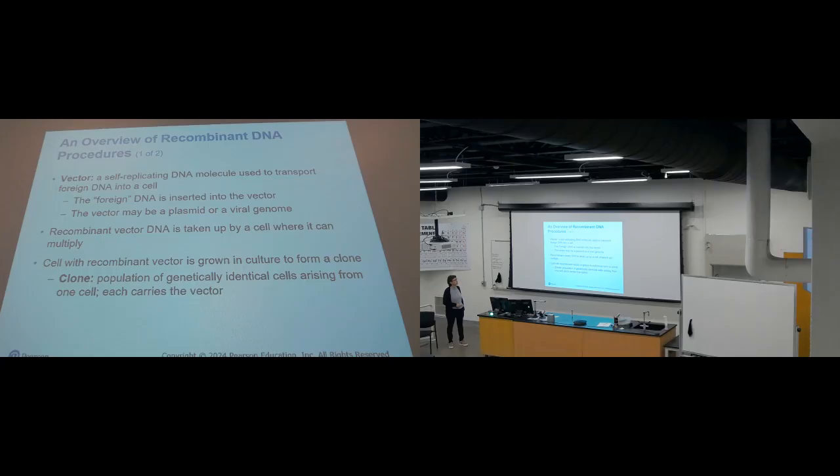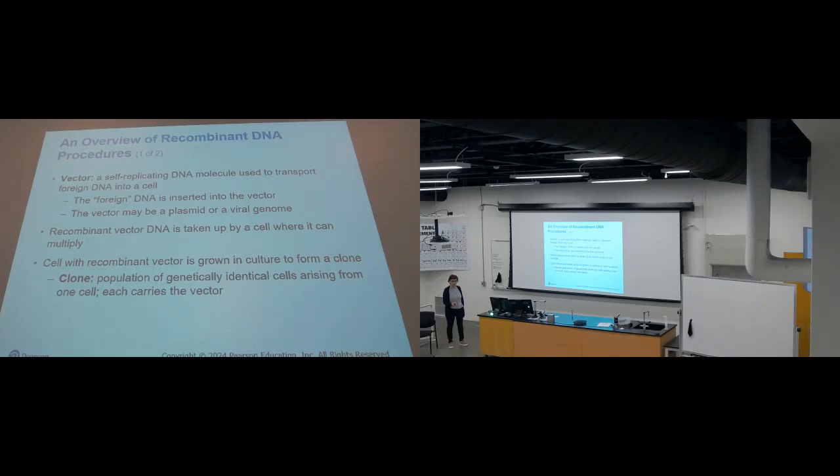So it does not necessarily have to be a plasmid. But no matter if that DNA is coming from a plasmid or a viral genome, it has to be self-replicating. That's the condition.